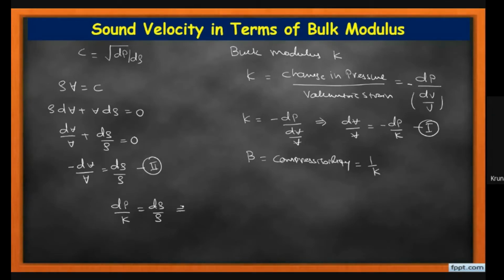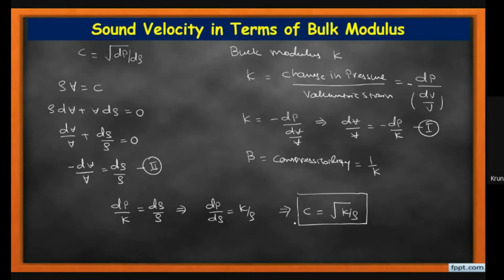From this expression we know that dP by d rho equals K by rho, and if we put the value of dP by d rho into the formula, we get c equals under root of K by rho, where K is the bulk modulus and rho is the density. So this is a very important expression: velocity of sound in terms of bulk modulus and density.